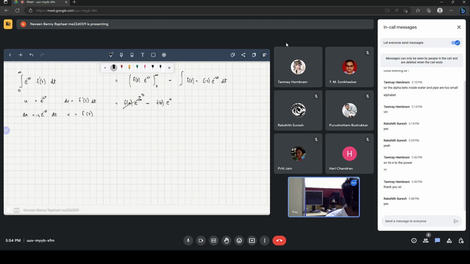Then we take the minus outside the integral and therefore that becomes plus s, because s is a constant with respect to t.